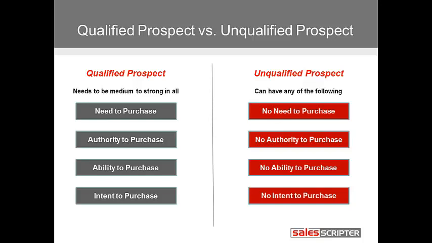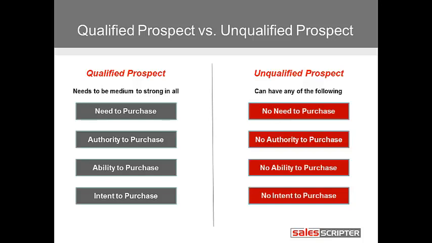That's important to find out, and we'll talk about how to find that out, because it can make the deal not qualified. So basically, if there's a question mark in only one area, it's not really a qualified opportunity or prospect.